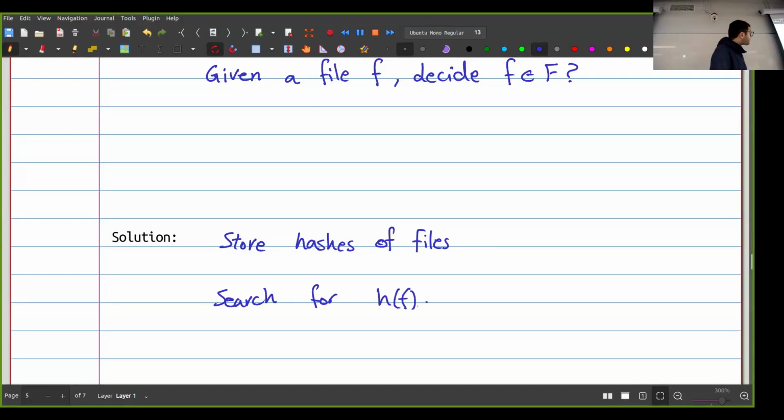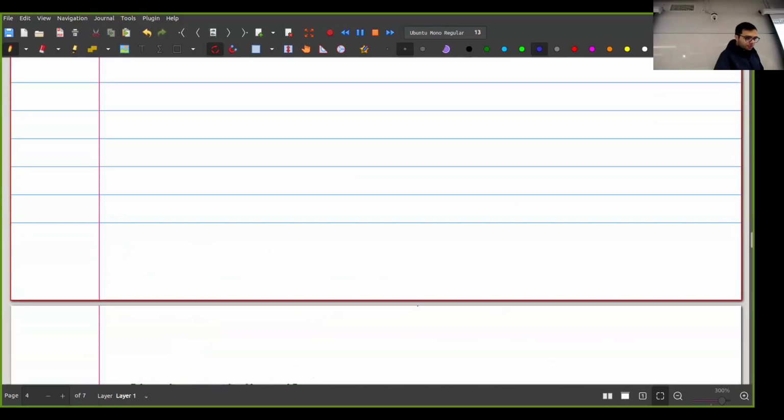Now, how much time are we spending here? Hopefully, I have a hash function that is computable in linear time. And this is actually the case for the real-world hash functions that we use. Like in Bitcoin, we're going to use a hash function called SHA-256.